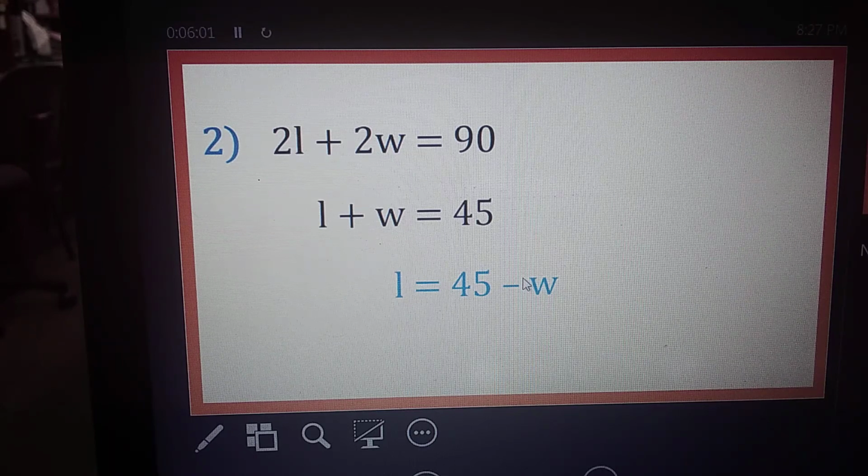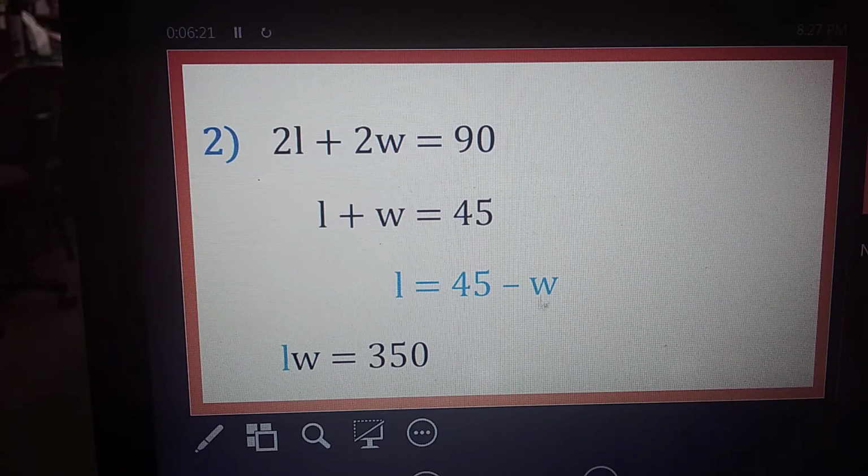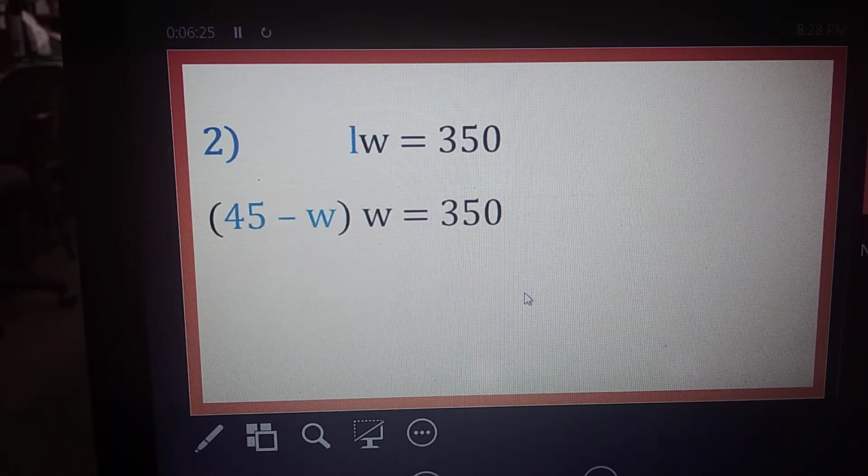Now, we go back to the formula for the area, which is L times W equals 350. So we will replace our L with what we have derived. That becomes now 45 minus W, times W, equals 350.